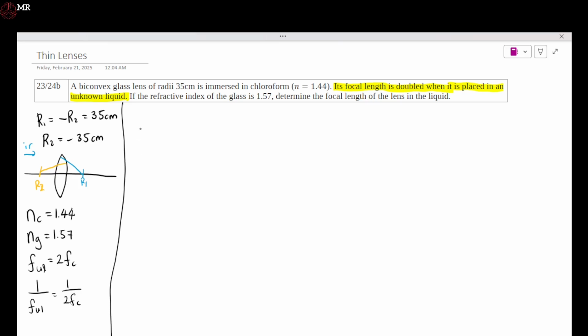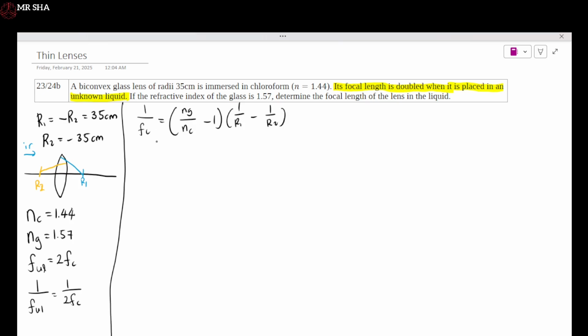Let us first write down the equation for FC then. 1 over FC is equal to Ng over Nc minus 1, and then 1 over R1 minus 1 over R2.